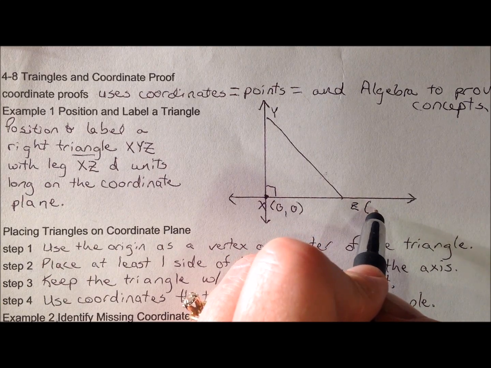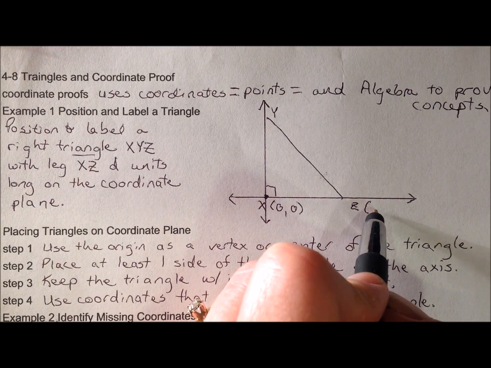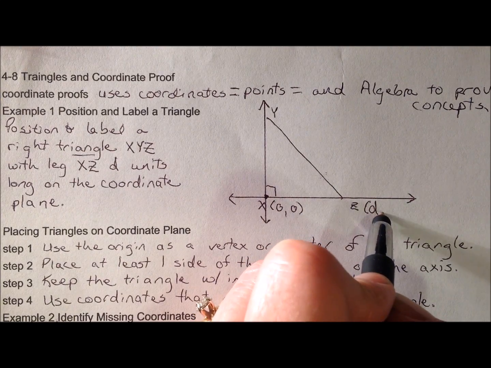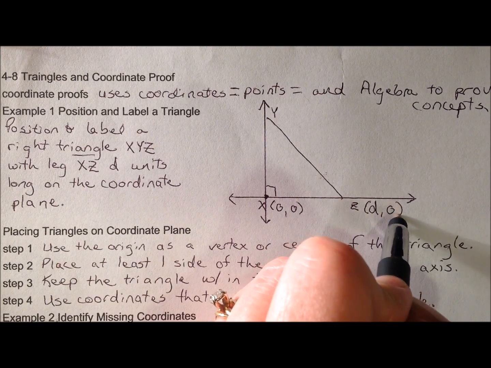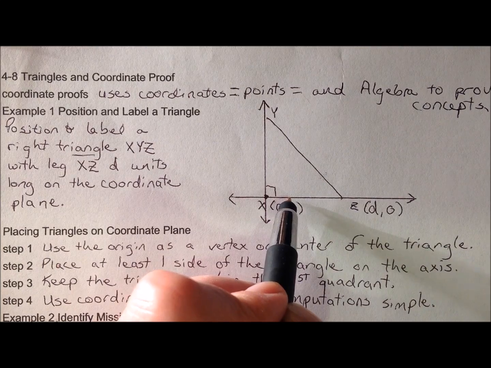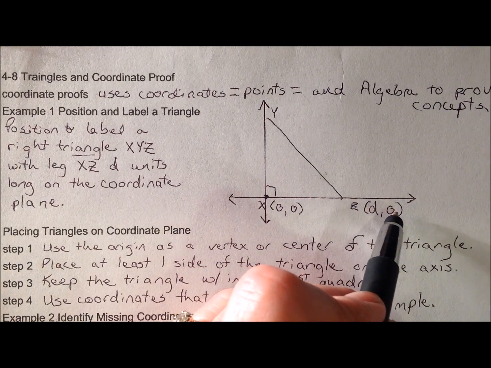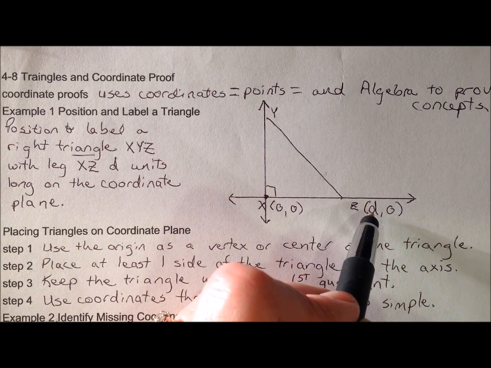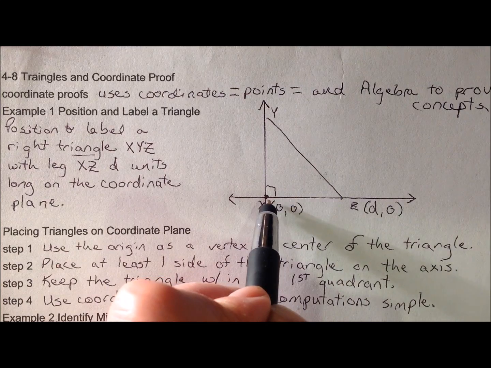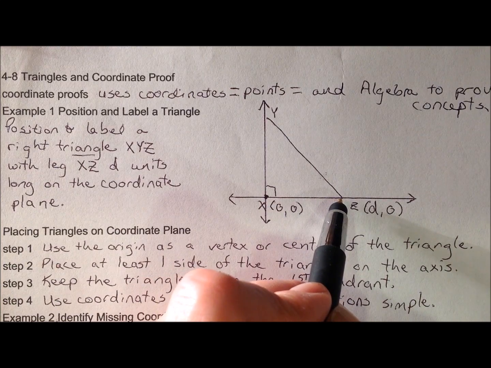Sometimes we're just going to have coordinates that are all letters, and in this case, we're going to have an x of d and the y then of 0. If it would have been 9, like I said, it would have been 9 and 0. But in this case, with a little bit of algebra in here, it's not giving us an exact unit in numbers, but it's telling us a variable that's going to describe the length of side xz.